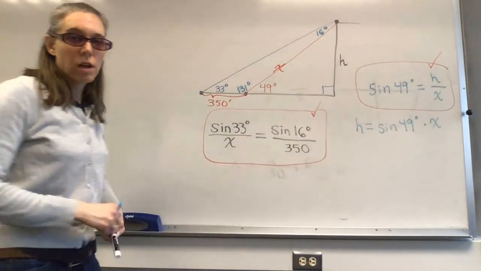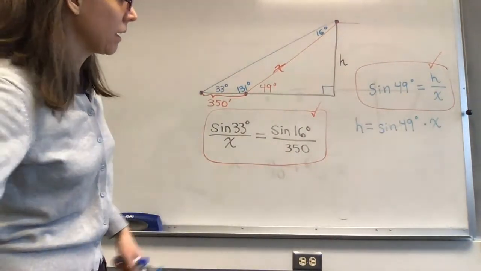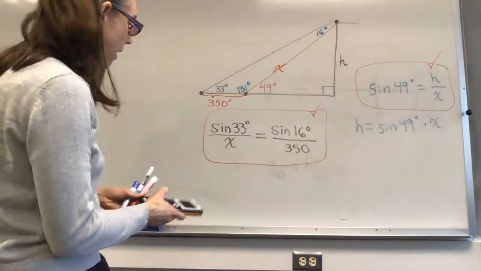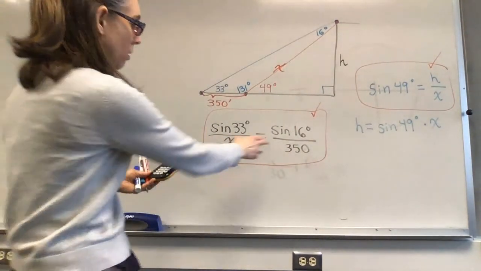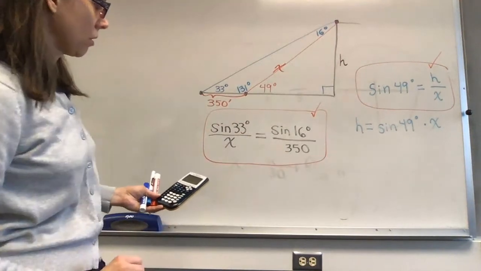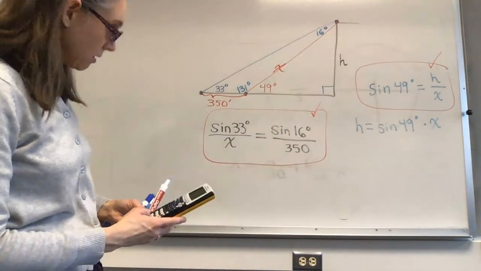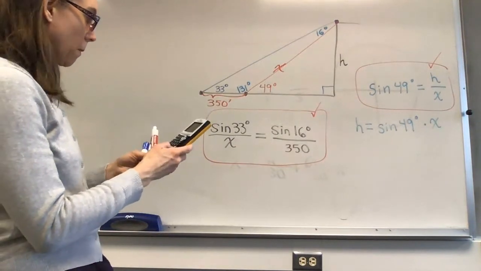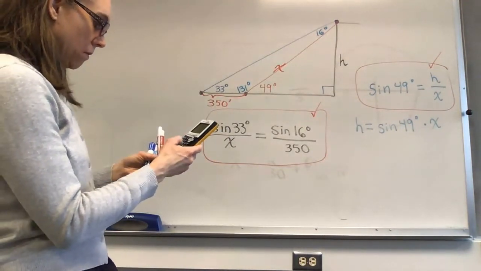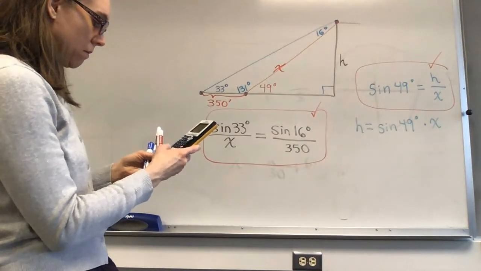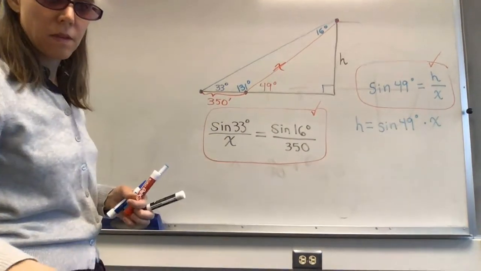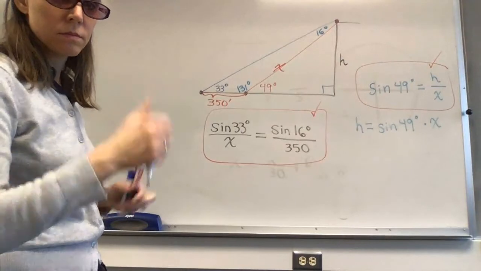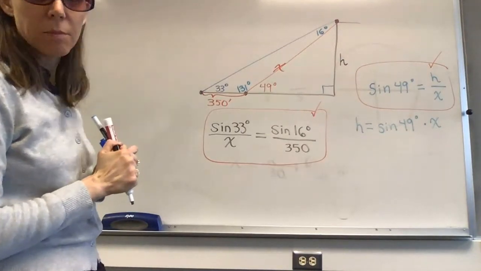Alright, so what I want to do though is go ahead and get an approximation for x. So I'm going to do 350 times sine of 33 degrees divided by sine of 16. I'm sure by this point you know how to solve a proportion. And I end up with a negative number.